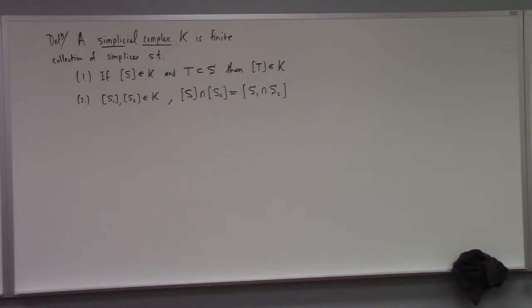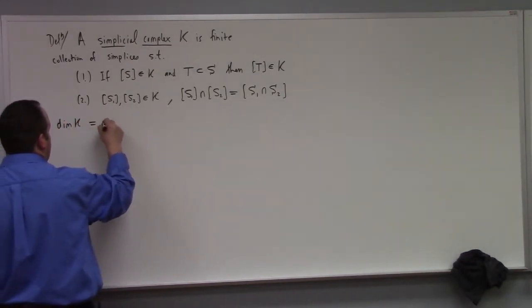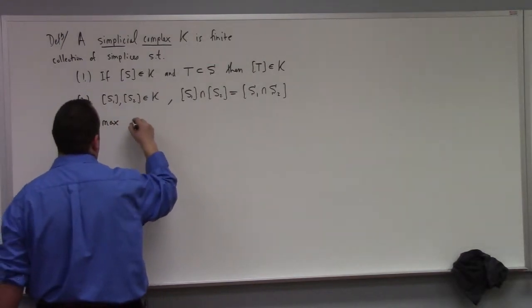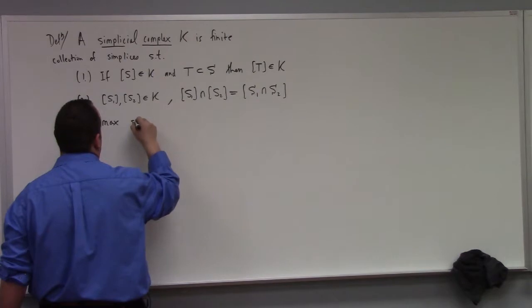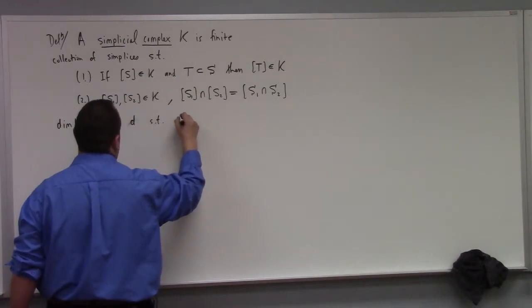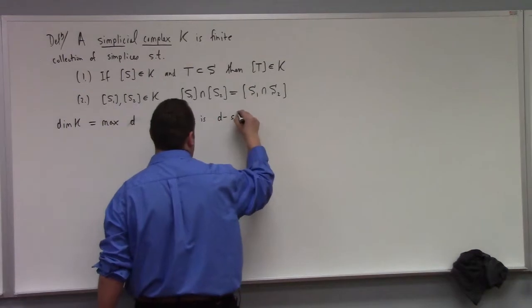He says that the dimension of K is the maximum dimension of all the simplices which it contains. So the dimension of K is equal to the max D such that S is a D simplex. I don't know how to say this. You know what I'm saying.